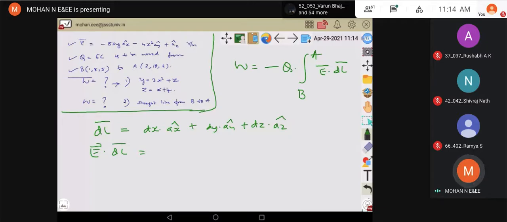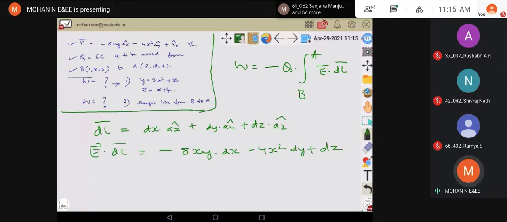If you multiply them, you'll get minus 8xy dx minus 4x square dy plus dz. Okay, so ax cap dot ay cap will be 0, ax cap dot az cap will be 0, so we'll be getting only the terms corresponding to the similar unit vectors.